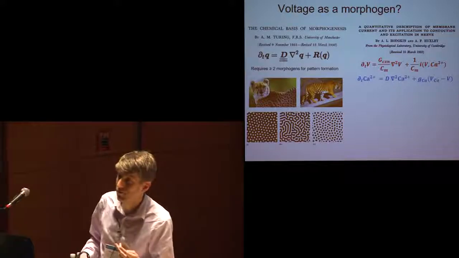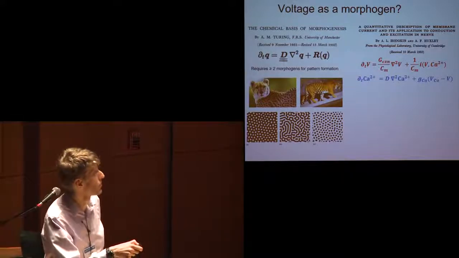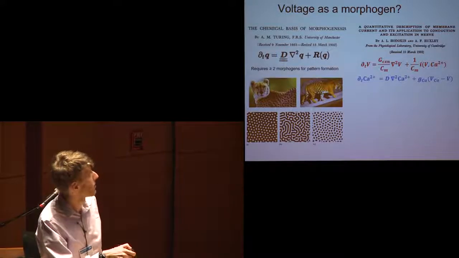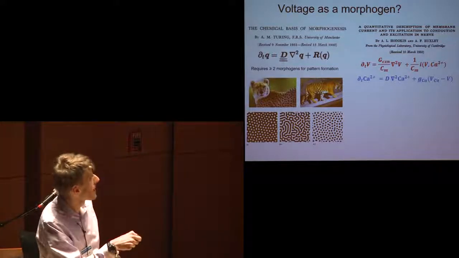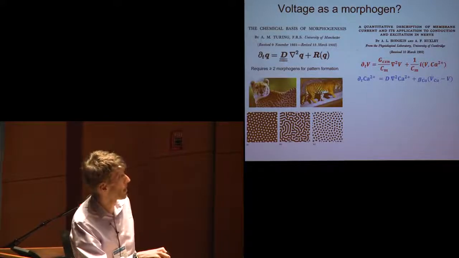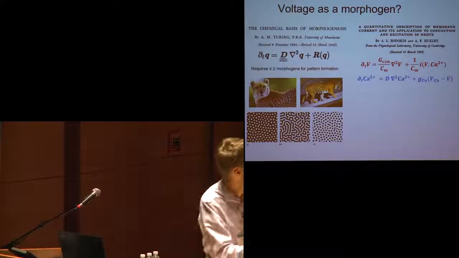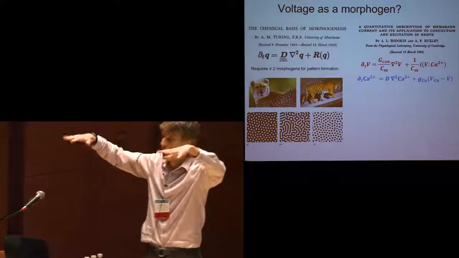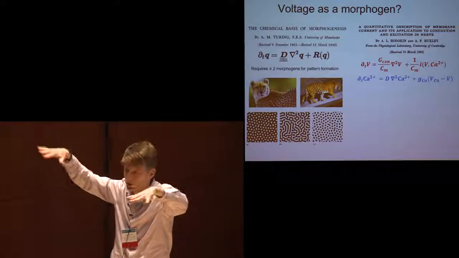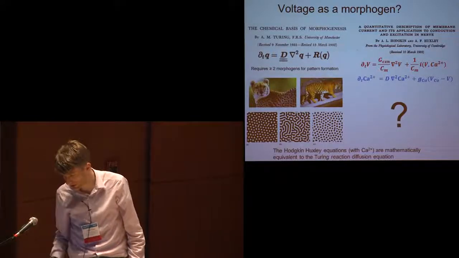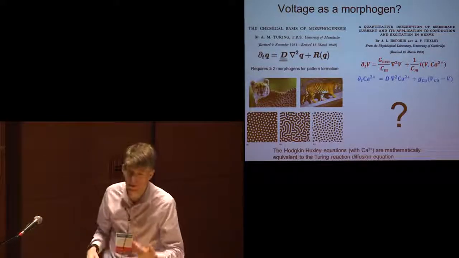But if you have two quantities, say voltage and calcium, then at least mathematically, the analysis here is the same as the analysis here, and there will be some conditions on the ion channels which will give you stable patterns of voltage where you have regions with high voltage and regions with low voltage which are static there. Okay? And so the question is, this is mathematically possible, does it happen?